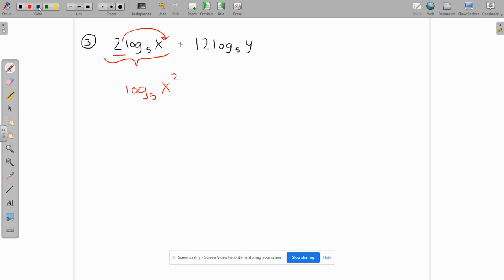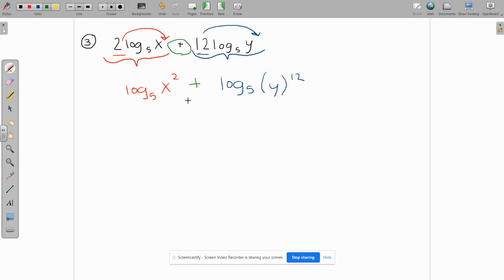Then I'm going to do the next part of it. It's 12 log base 5 of y. So, like I said, you take your coefficient and that becomes the exponent for whatever you're taking the log of. So I have log base 5 of y to the 12th. All right, so now I'm going to condense this further because there is that addition in the initial problem.